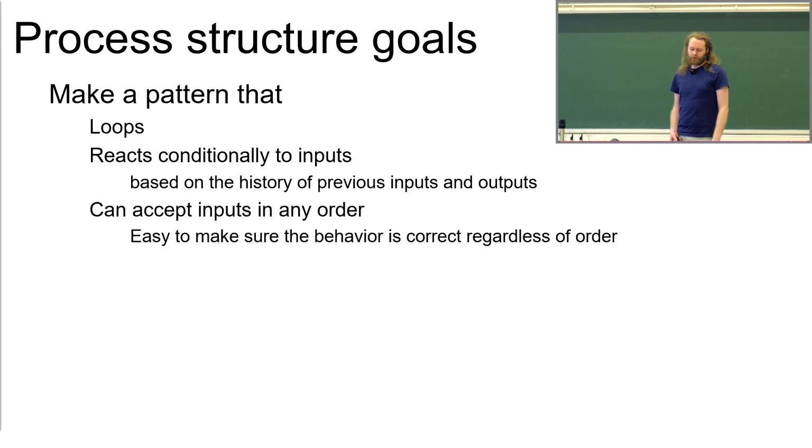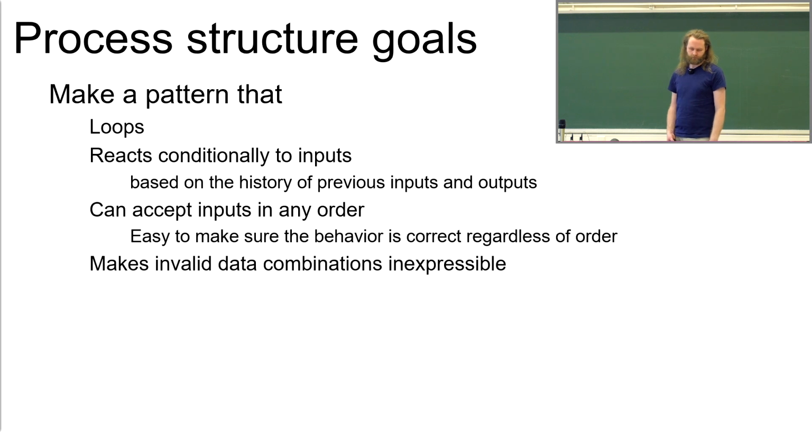How would we do this? Well, it needs to be code that we can understand in some capacity, because we can't be sure that it's correct unless we understand it. And we also want to make invalid data combinations inexpressible, right? Because if we have lots of Booleans in our structure, we probably have a bad time, because there may be some combinations of those Booleans that don't make sense.